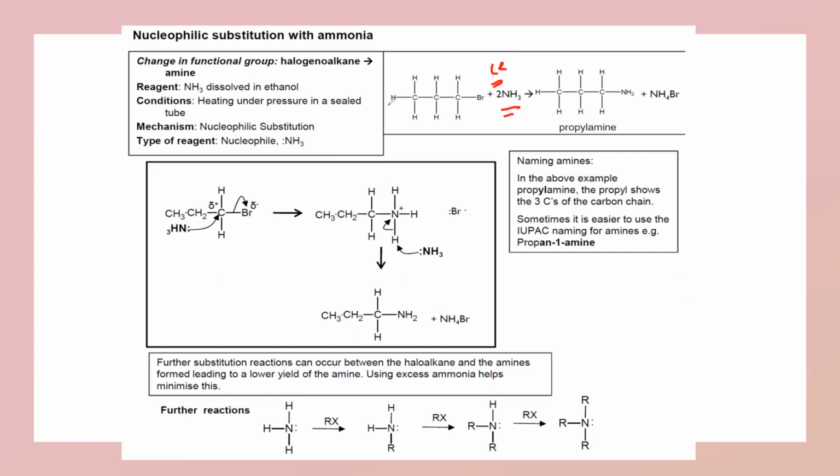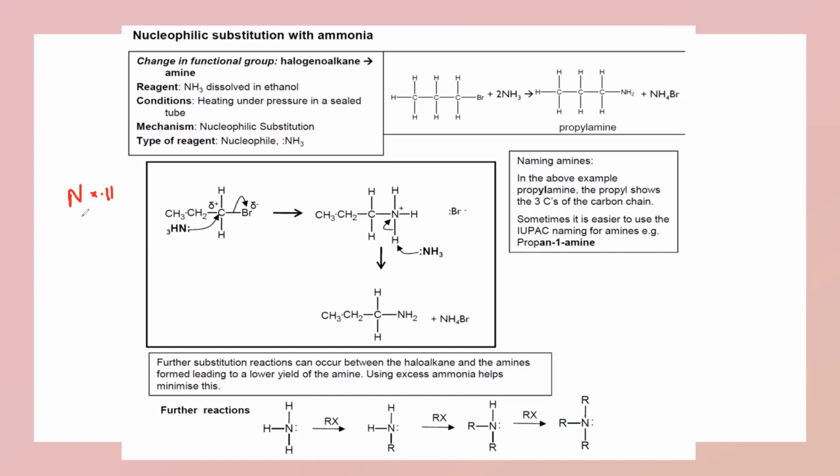So how does the reaction proceed? The idea is the same, it's a nucleophilic substitution reaction, primary, secondary, or tertiary, it can be SN2 or it can be SN1 depending on which halogenoalkane we have. For example, if we have a primary halogenoalkane, carbon here is partial positive, bromine is partial negative, and ammonia is NH3.